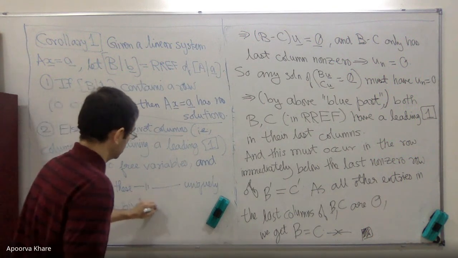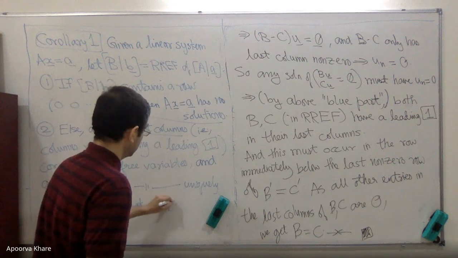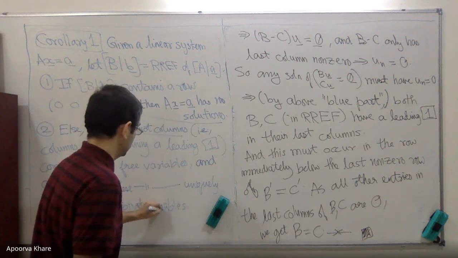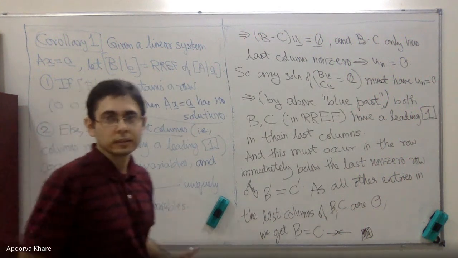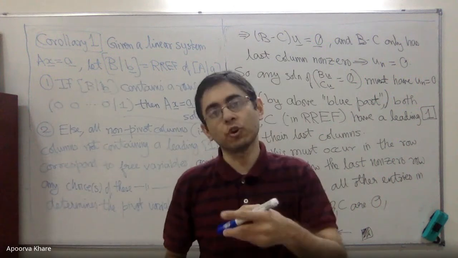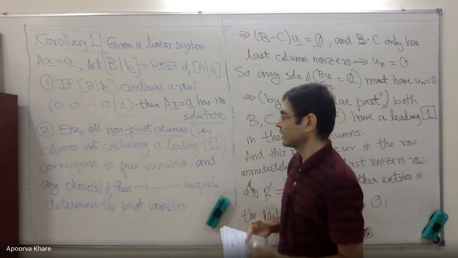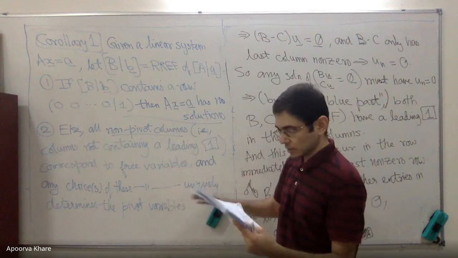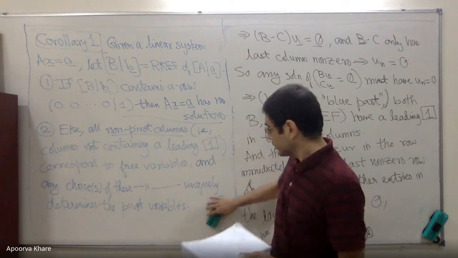The pivot variables are not free because they are uniquely determined, as x equals 3 minus 4y minus 5y, that kind of thing. Okay, this is not enough, so I'm going to say a little more.